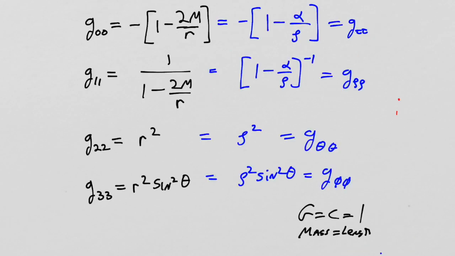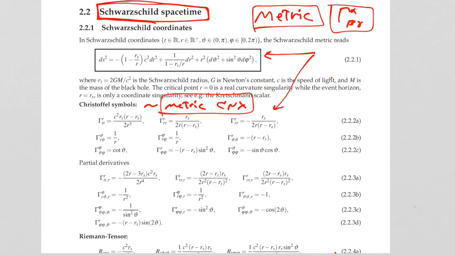Well, I guess we should check the catalog, right? See if we got it right. Let's see what we have here. We calculated this one, and there it is, α over 2r minus α. So we've just calculated that one. Actually, this tells us all the ones that are non-zero. So you see that in principle there should be 4 times 4 times 4, 16 times 4 different connection coefficients, 64.